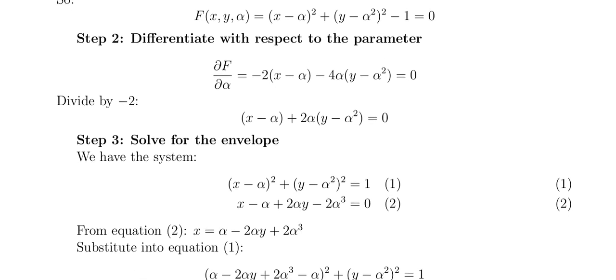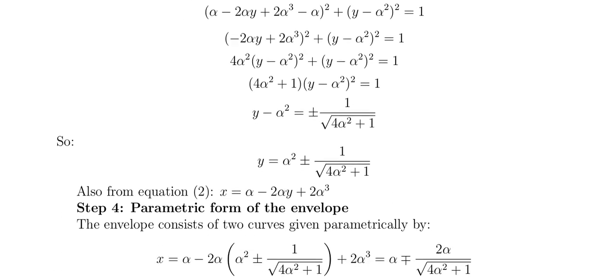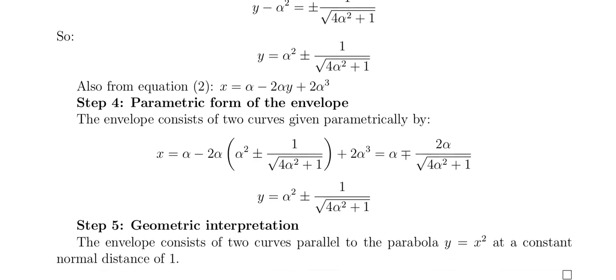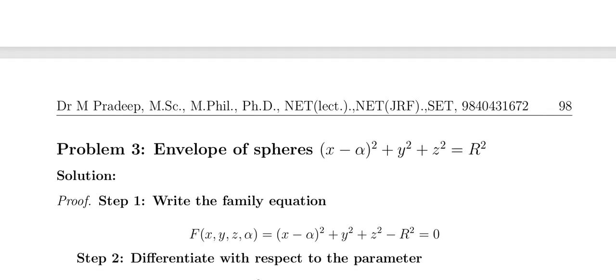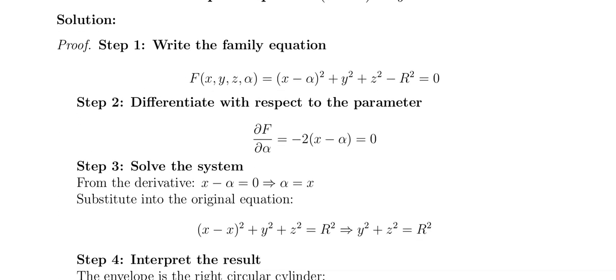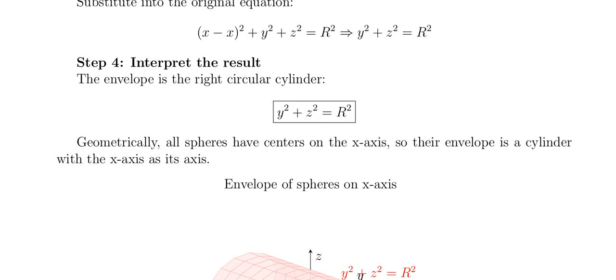So this is the same procedure. Back substituting from this, we get y equal to alpha square. This is the family of envelope equations. Here dou f by dou alpha equal to 0, solve it and then we get the result.